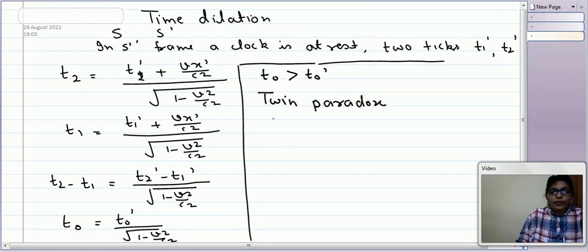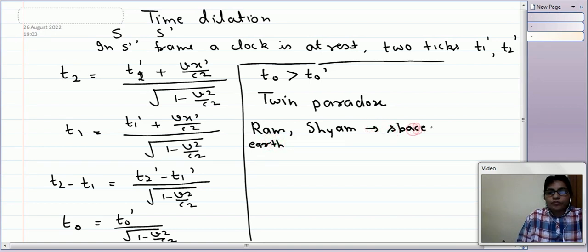So suppose there are twins, let us say Ram and Shyam. Ram is on the earth and Shyam goes into a spaceship, and then he comes back.